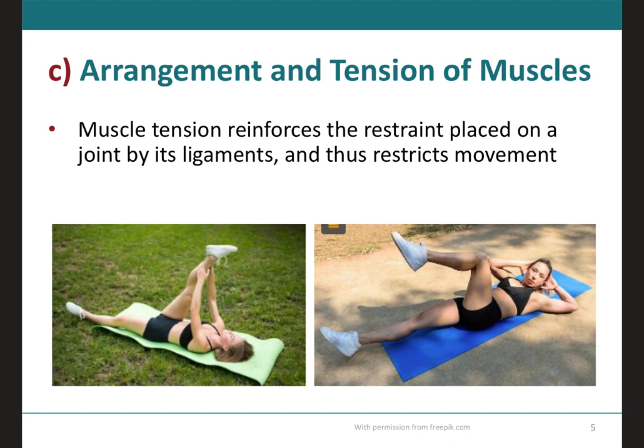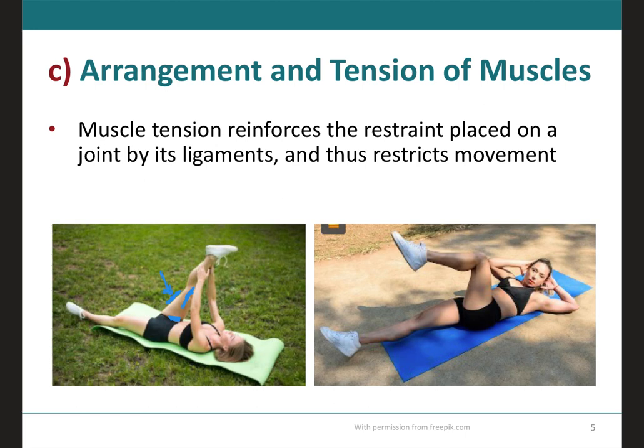In this example, the muscle tension will reinforce the restraint that's placed on a joint by its ligament, and this will restrict the movement. A good example of the effect of muscle tension on a joint is seen at the hip joint. When the thigh is fixed with the knee extended, the flexion of the hip joint is going to be restricted by the tension of the hamstring muscles, which are located in the posterior surface of the thigh.